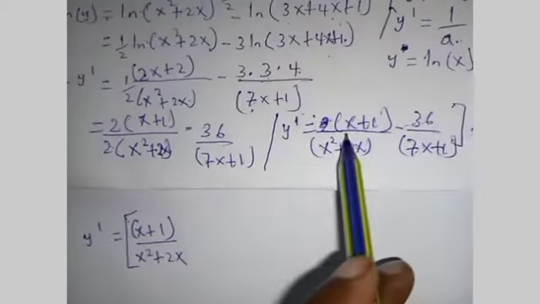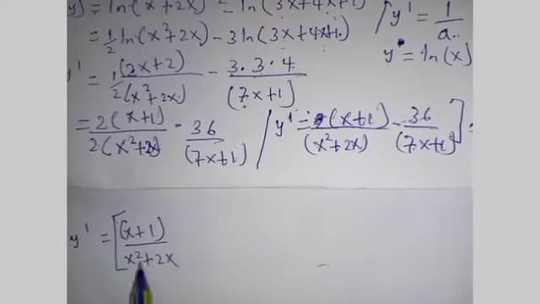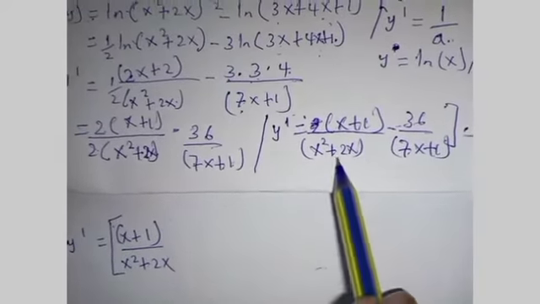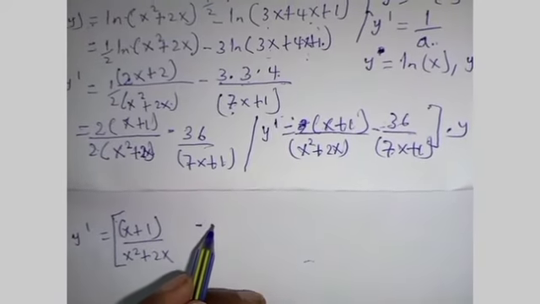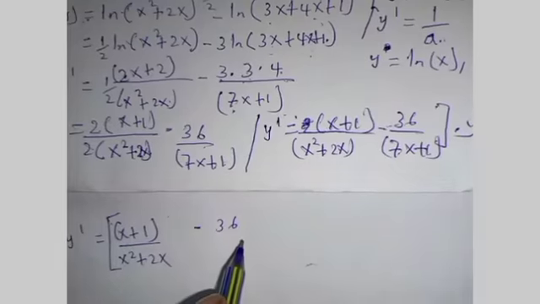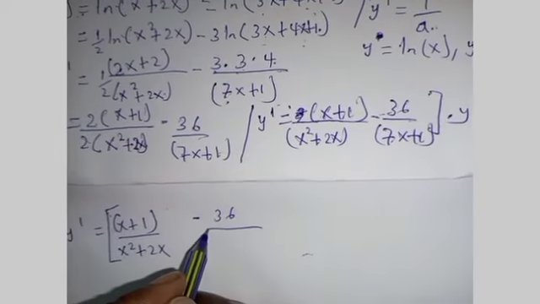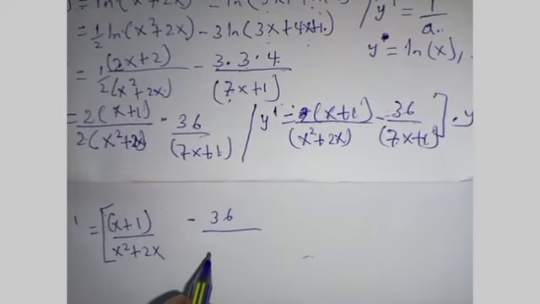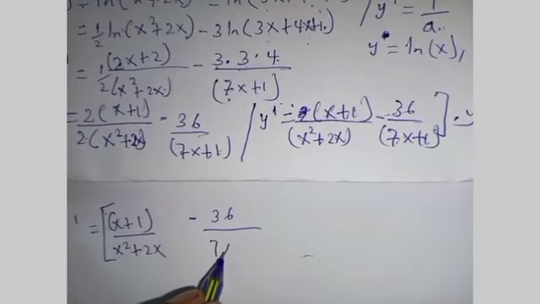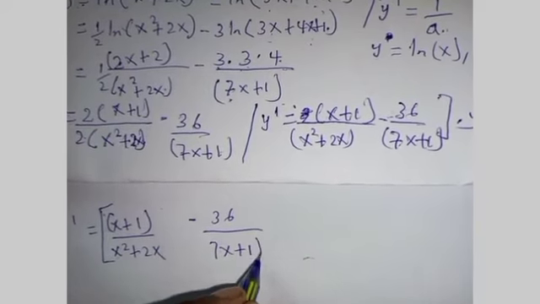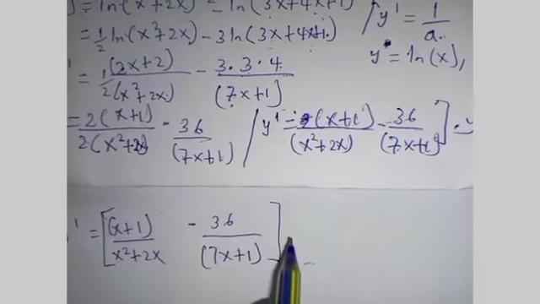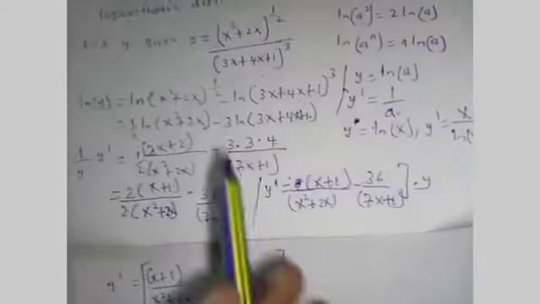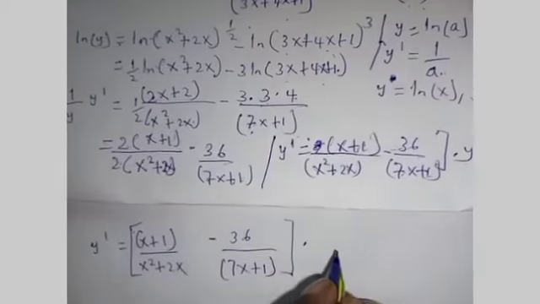Y prime is equal to this x squared plus 1 divided by x squared plus 2x, minus 36 divided by 7x plus 1, into bracket, multiplied by y. Our y is this value, so you multiply by that.